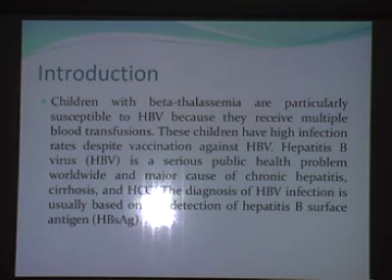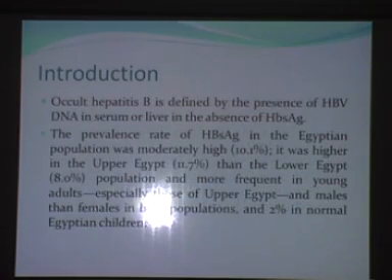The diagnosis of hepatitis B viral infection is usually based on the detection of hepatitis B surface antigen. Occult hepatitis B is defined by the presence of hepatitis B virus DNA in the serum or in the liver in the absence of hepatitis B surface antigen.